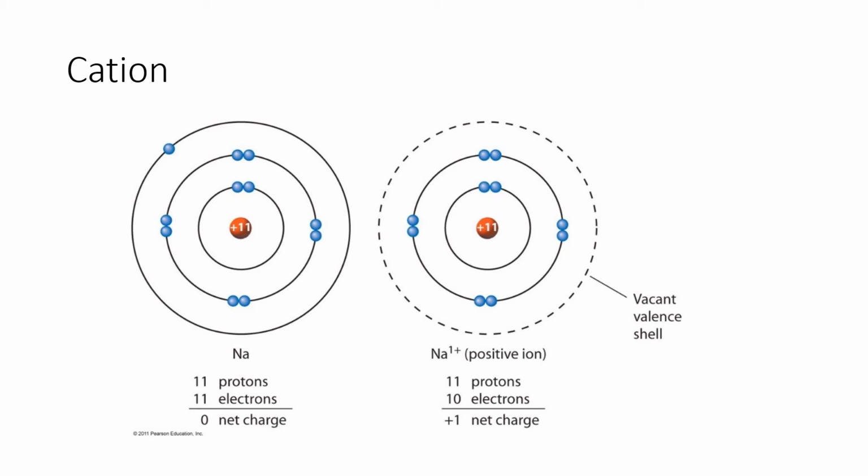But if you look on the outside, you have an electron, and you can't see it in the picture, but that electron's constantly moving. It's moving around the nucleus. And since it's moving around, we like to call the electron a mobile carrier of charge, because it can move. And since it can move, it means it can move to and from other atoms.